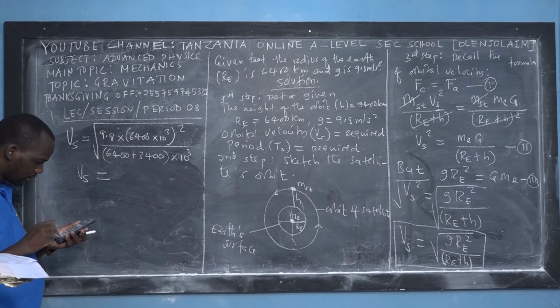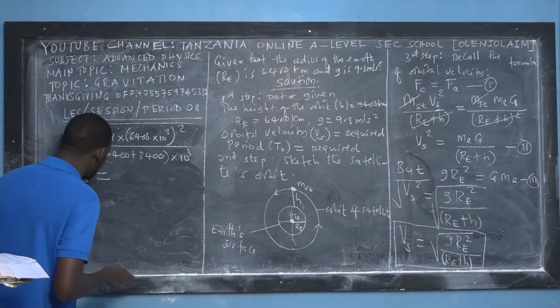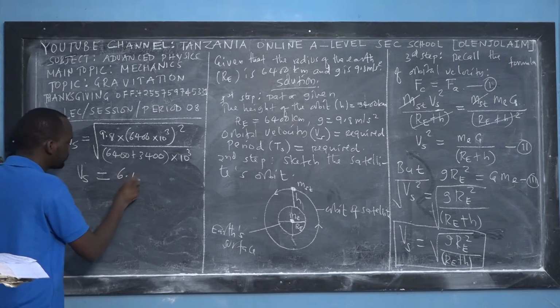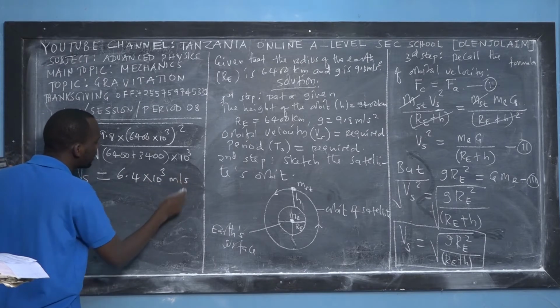Then you have to find the square root of the result. So the result will be 6.4 exponent 3 meters per second.